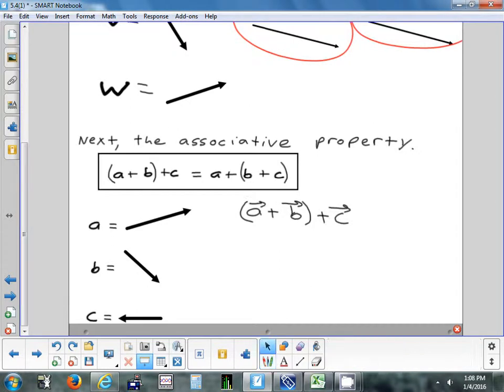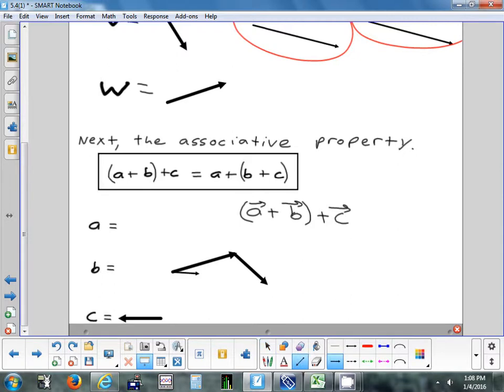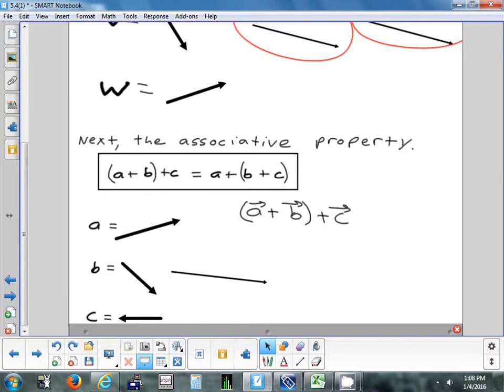All right, so let's start with A. Let's add B on the end. And now I'm just going to draw A plus B. So that was A, that was B. That's A plus B. Now put C on the end of that.